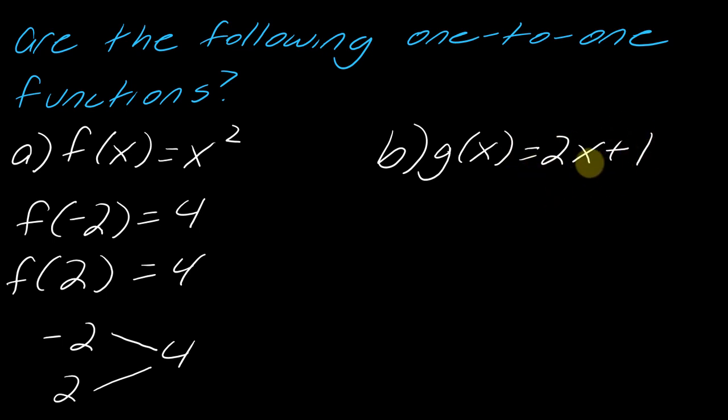This would just be a line, right? This is in the mx plus b form. Any value that you plug in is going to have a unique y value. I can't think of an example that would work like this, so yes, it's one-to-one. A lot of times the easiest way to think about this is whether you can think of the graph, or if you can't come up with any example that would work like this, then it's probably one-to-one.